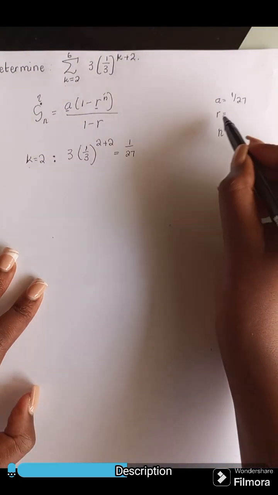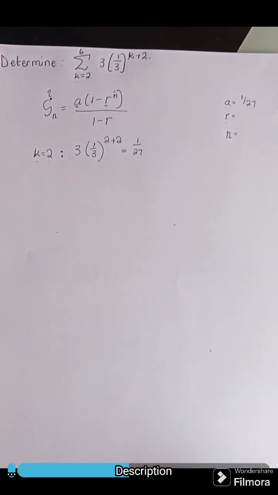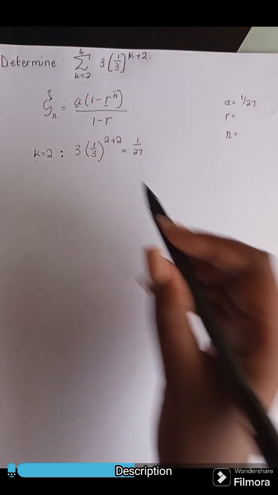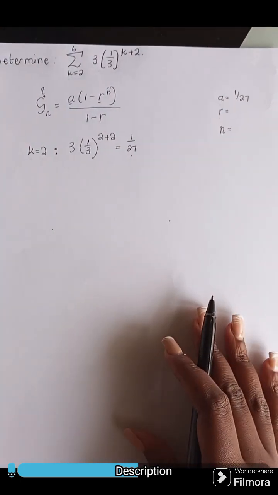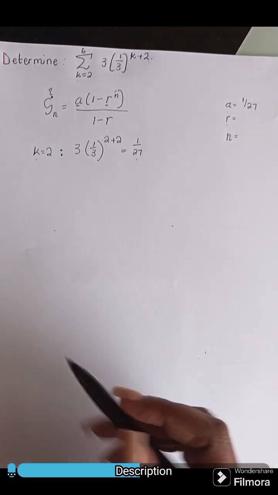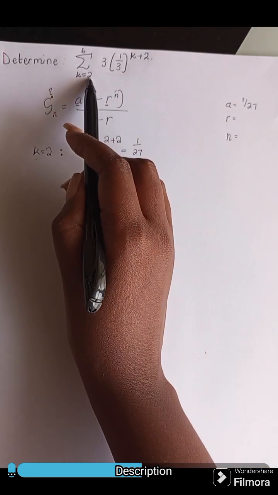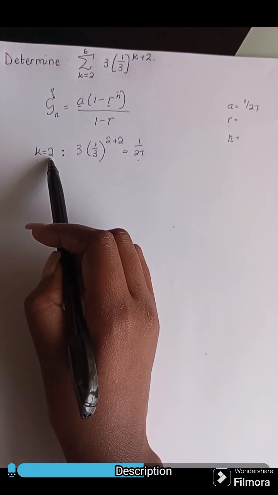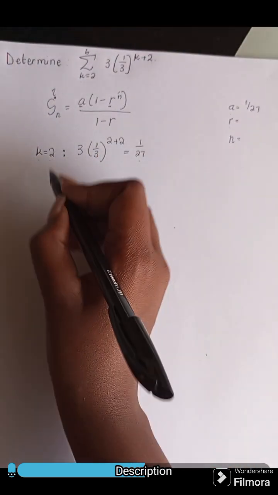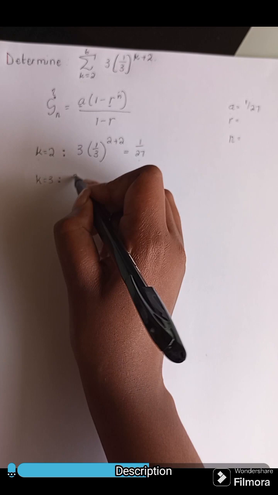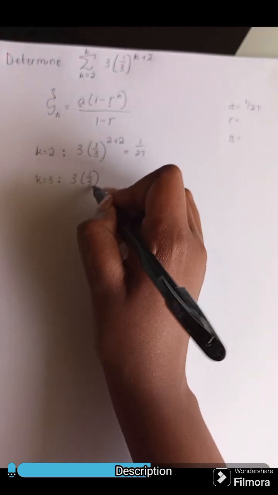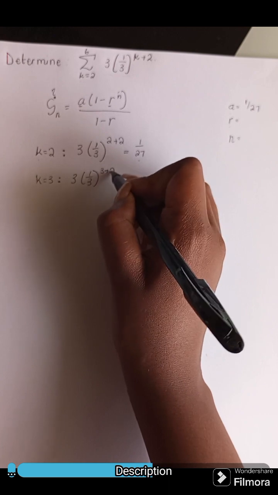Now we have to find r. r is the constant ratio, and in order for us to find the constant ratio, we must say T2 over T1. At the moment, we have T1, which is a, which is 1 over 27. So let's find T2, where k is equal to 3. We started with k equal to 2, so now we move on to 3. When k is equal to 3, we have 3 into (1 over 3) to the power of 3 plus 2.